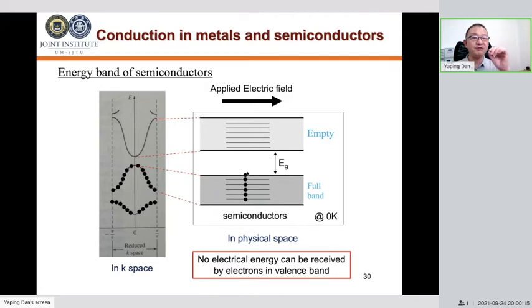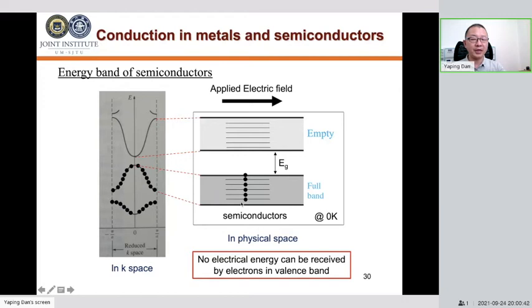If the electrons receive energy from the electric field, they will move to a higher energy level. The electric field continuously drives the electrons, so the electrons will receive a minimum amount of energy almost continuously from the applied electric field.